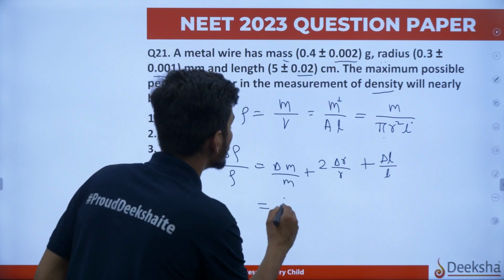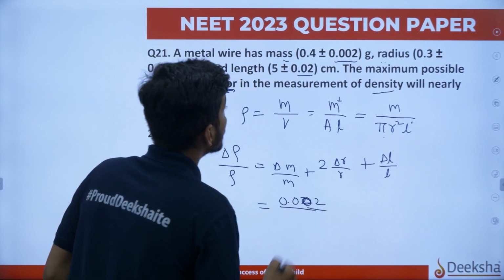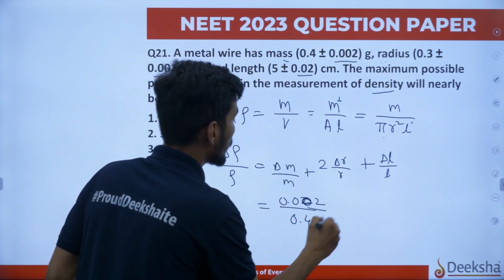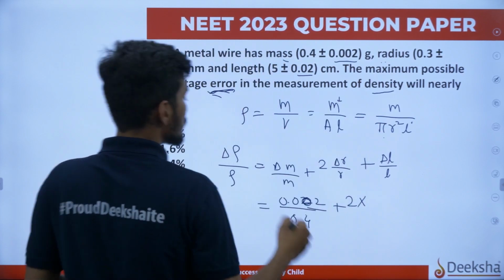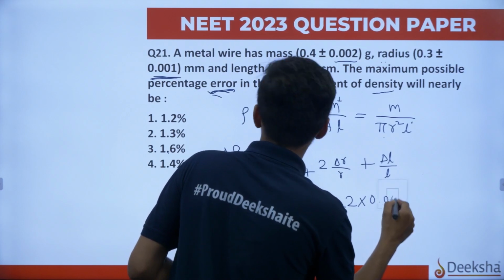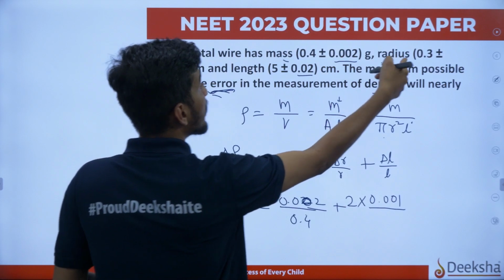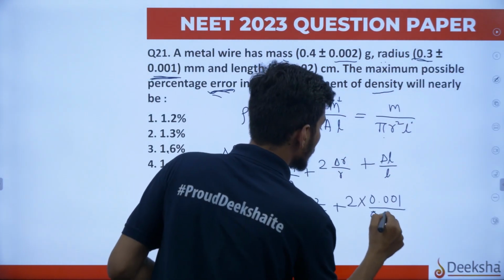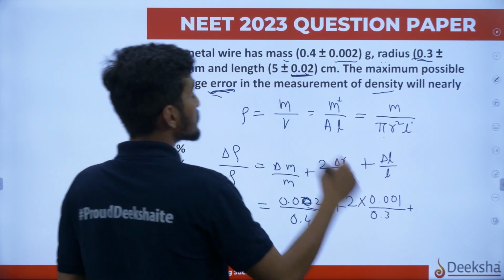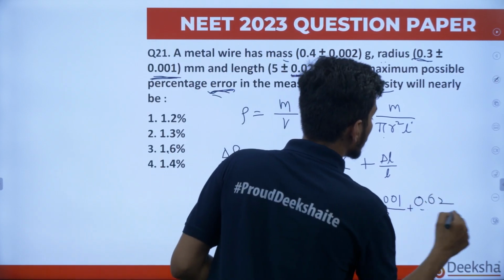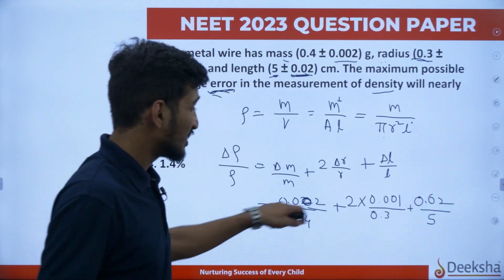So let's put the values. Delta M 0.002, my bad, divided by mass 0.4, plus 2 times the error in radius, 0.001, divided by the value of radius, 0.3, plus length's error, which is 0.02, divided by 5. Now it's a tricky calculation, a little bit complicated.